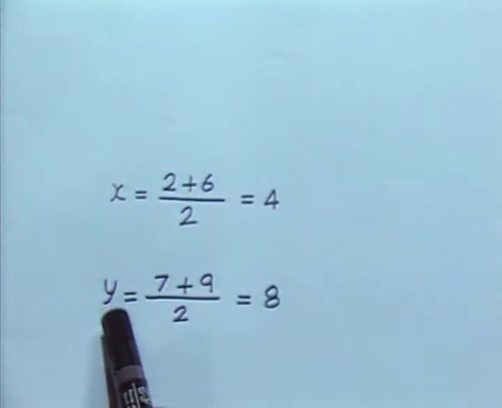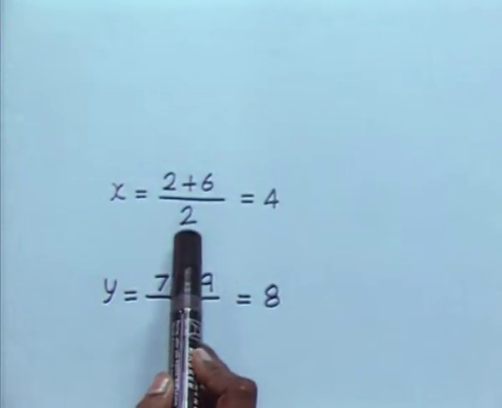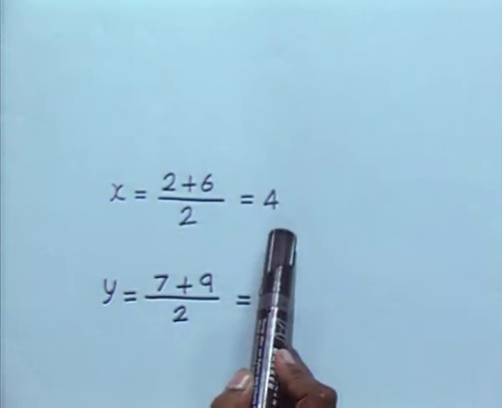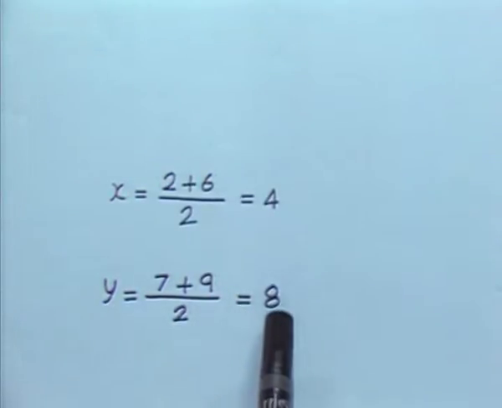You are right. If x and y are the coordinates of the midpoint, then x is given by 2 plus 6 upon 2, that is equal to 4, and the y coordinate is given by 7 plus 9 upon 2, that is equal to 8. Now remember that a midpoint always divides a line segment into 2 equal parts, that is in the ratio 1:1.